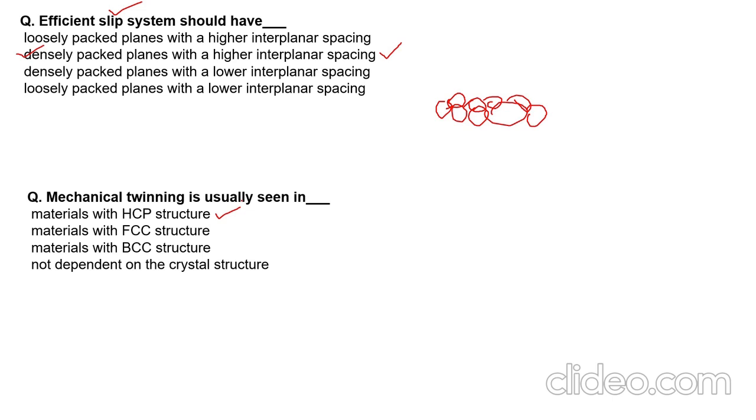But twinning occurs in those structures where you have a very weak slip system. You do not have an efficient slip system because there is no good plane for any mechanical deformation to slip, right?